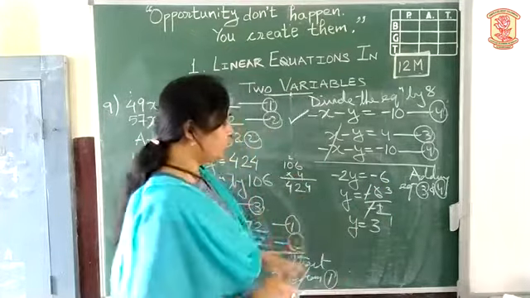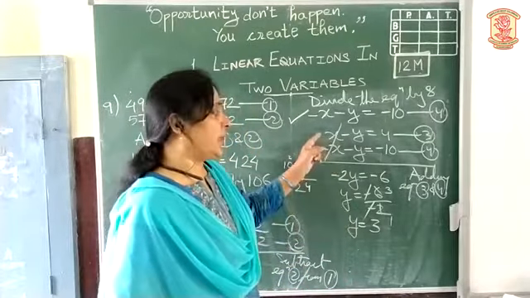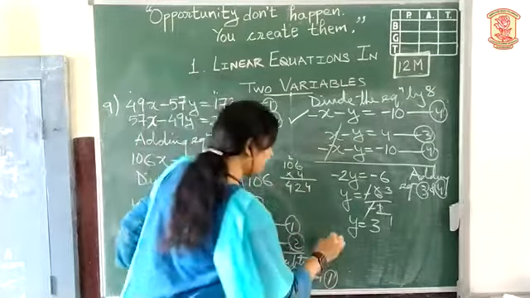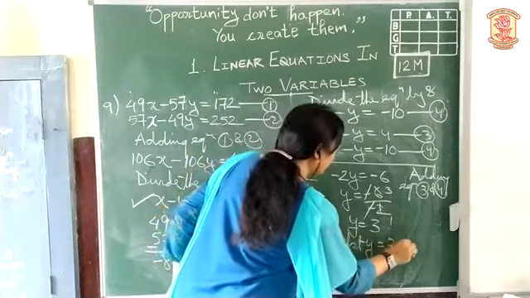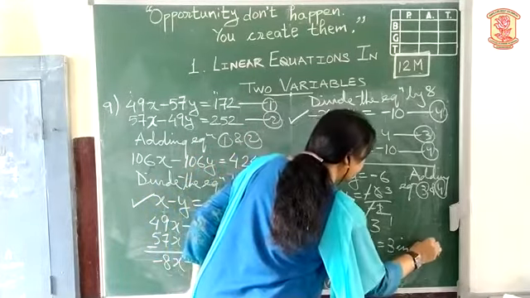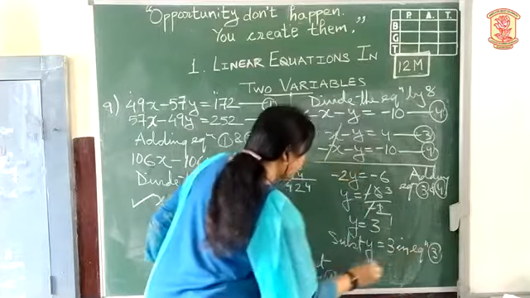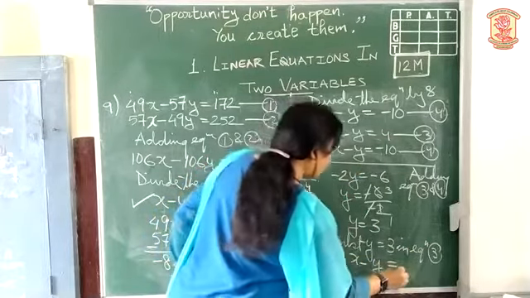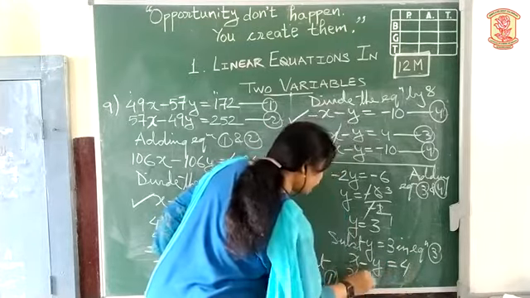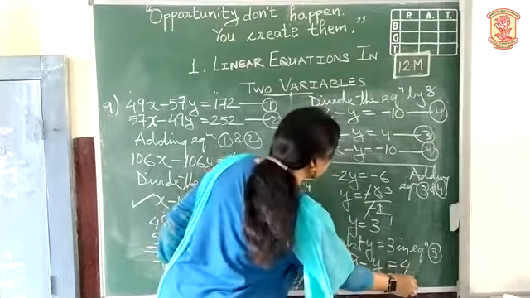Again, we are going to substitute the value of y equals to 3 in one of these equations. So substitute y equals to 3 in equation 3. So this is x minus y equals to 4. So x minus 3 equals to 4.